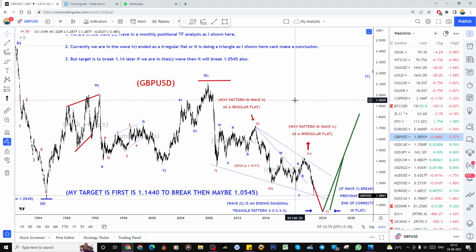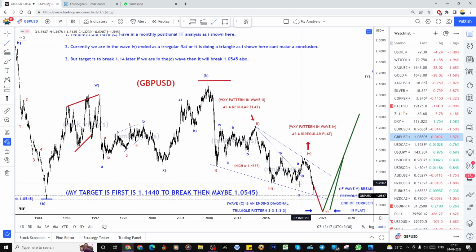Being an Elliottician, this is a master of art. So look at this. This is A, B, and C. C is in the ending diagonal formation, or whatever you call it. So 1, 2, 3, 4 is an irregular flat, a running flat, and we are in the fifth wave.